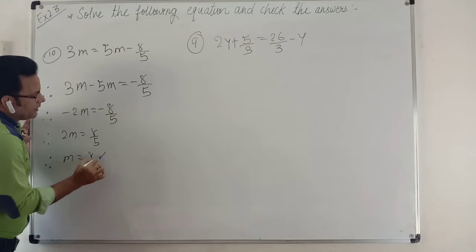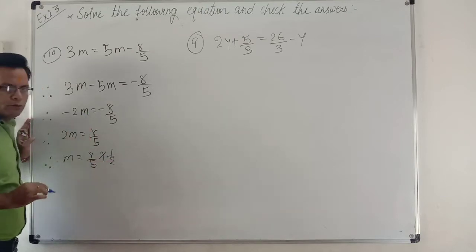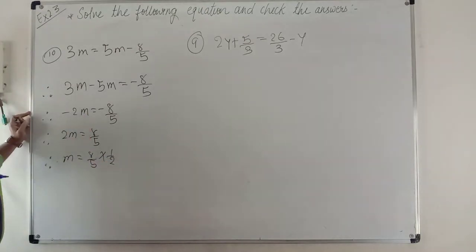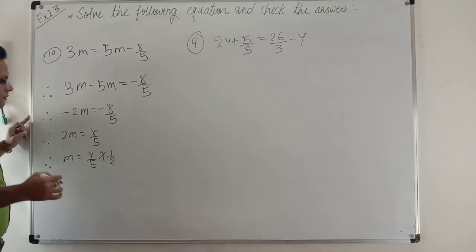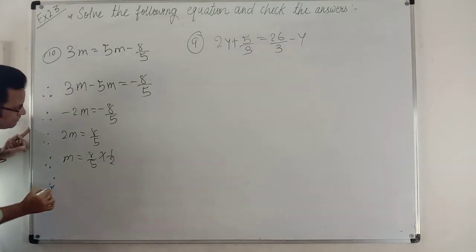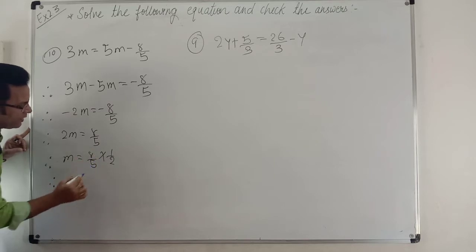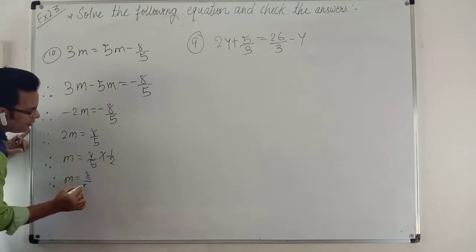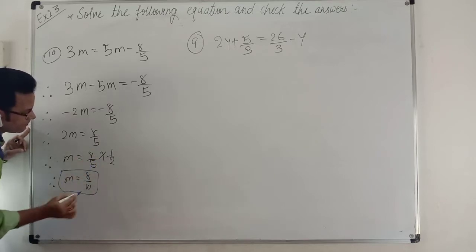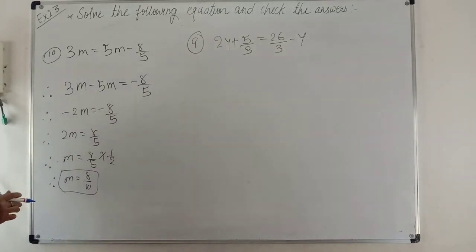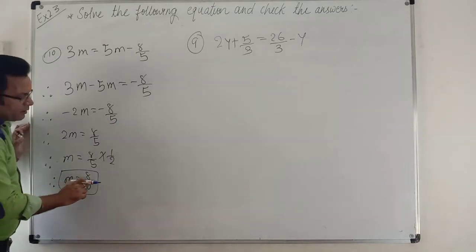Therefore 2m is equal to 8 upon 5 and therefore m is equal to 8 upon 5 into 1 upon 2. Okay? As you know that multiplication changes to division. Therefore, m is equal to 8 ones are 8, 5 twos are 10. So, m is equal to 8 upon 10.